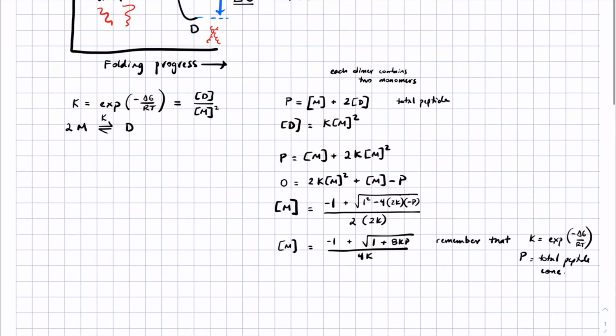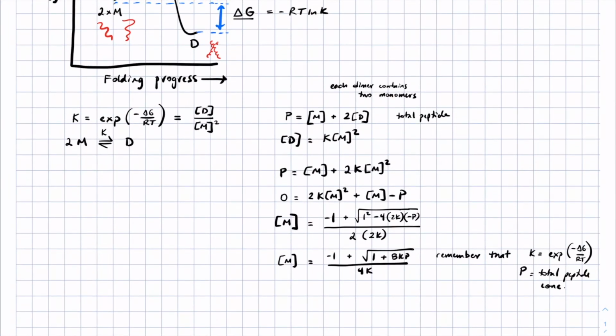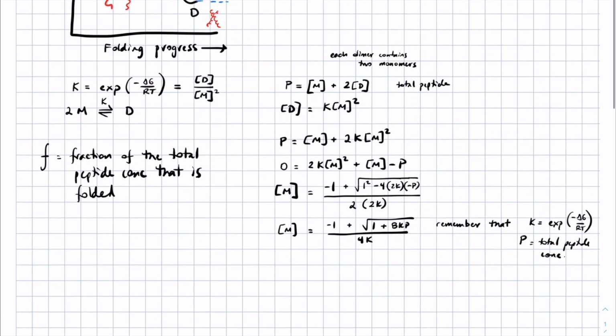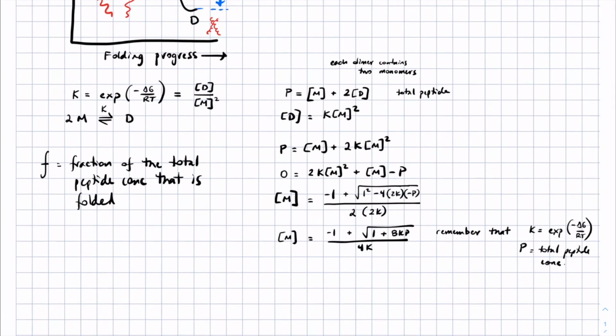All right, why do we want to know how much monomer is present in solution? Remember, last time we defined F, which is the fraction of the total peptide that is folded. So we're going to use this expression for monomer in terms of K and P to tell us what that fraction folded is.